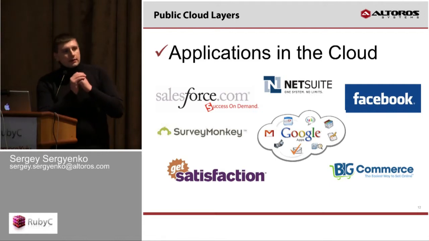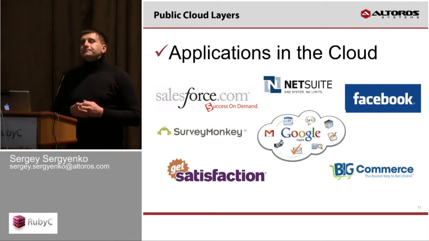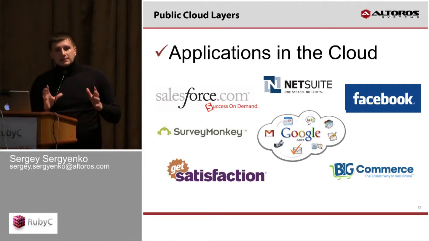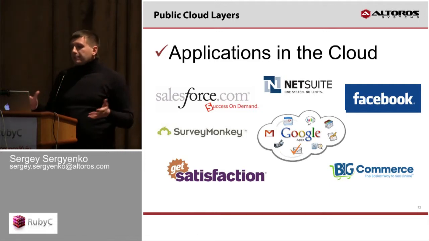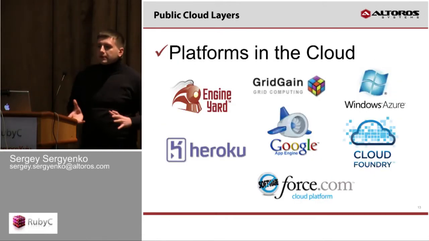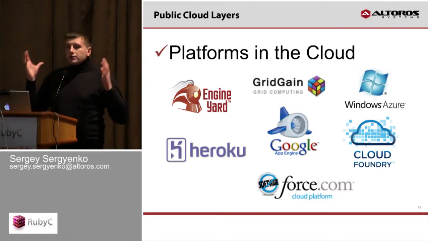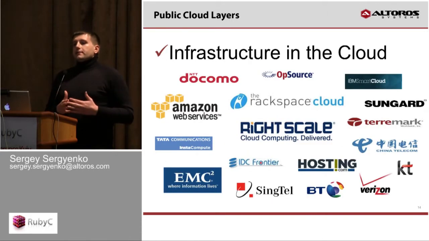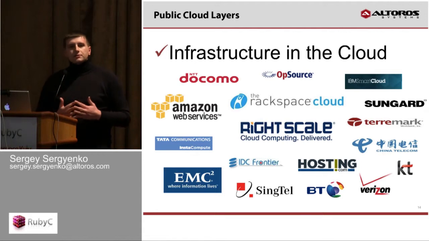We are speaking about public clouds for now, and here is a quick example of the services that we can use as applications in the clouds. The most popular here are Gmail and the Facebook platform in the clouds. We also use and love Heroku and Google App Engine. But more interesting here are the public providers of infrastructure, the servers.